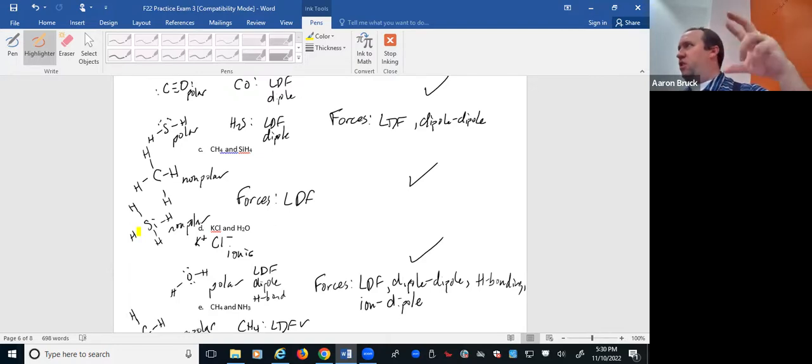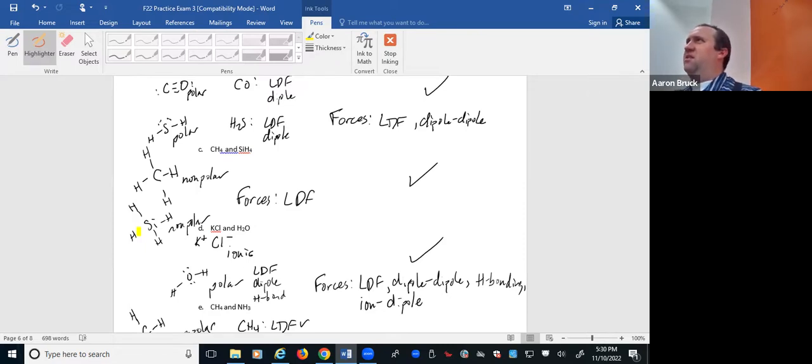And the structure of that chain is very symmetrical. And so as that carbon chain gets longer and longer, the more nonpolar the molecule is going to get.